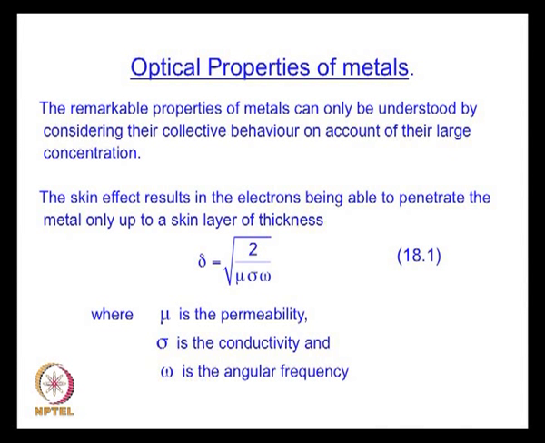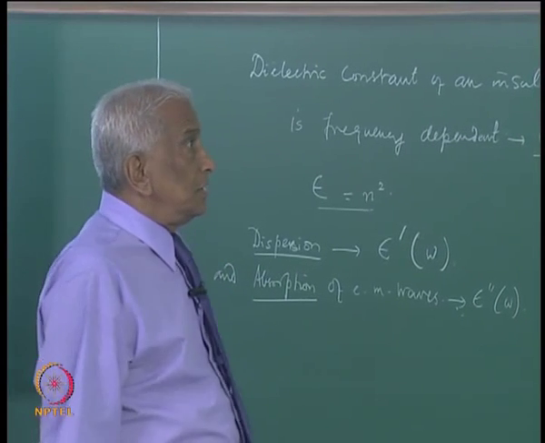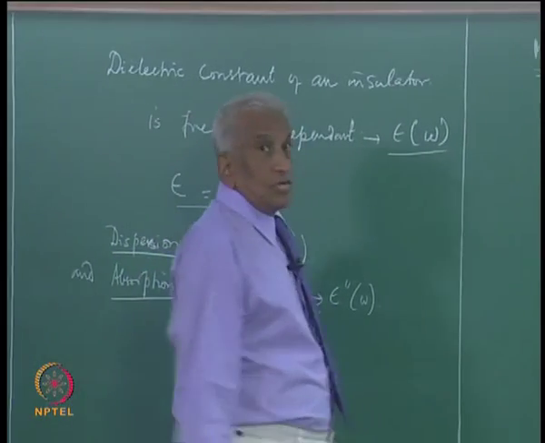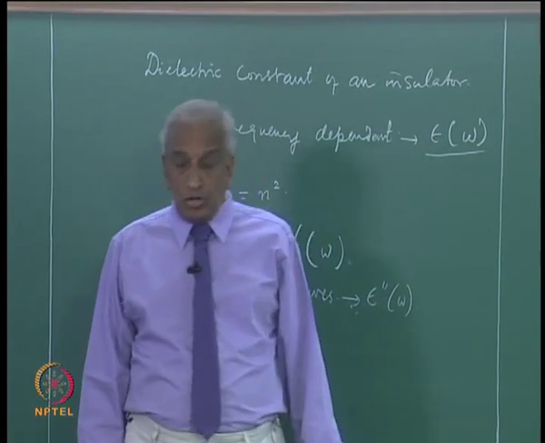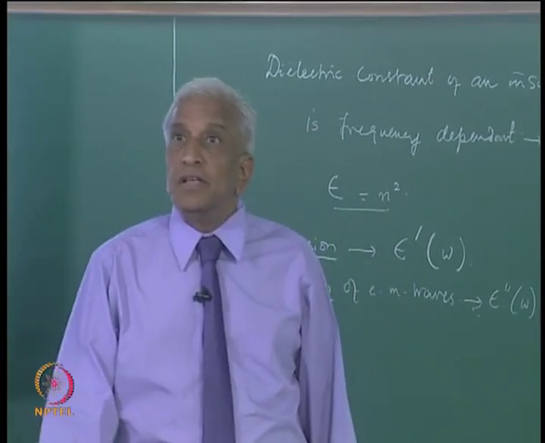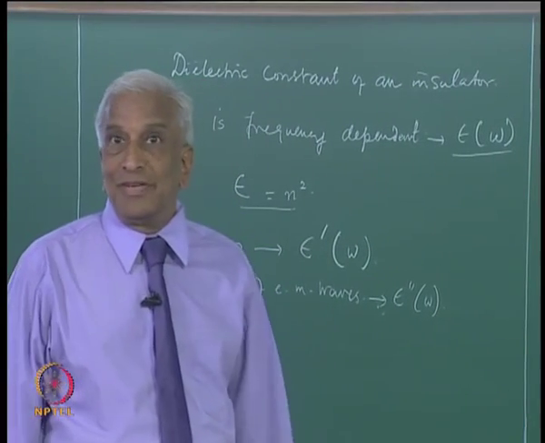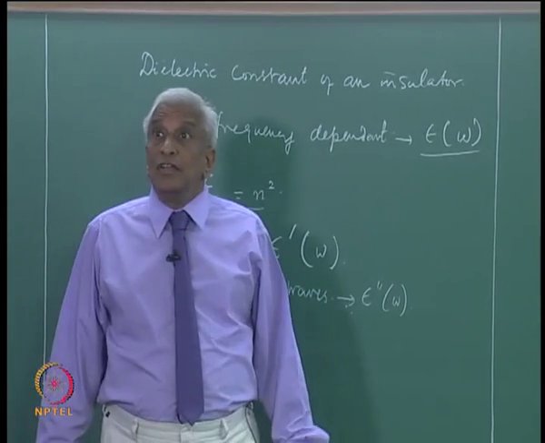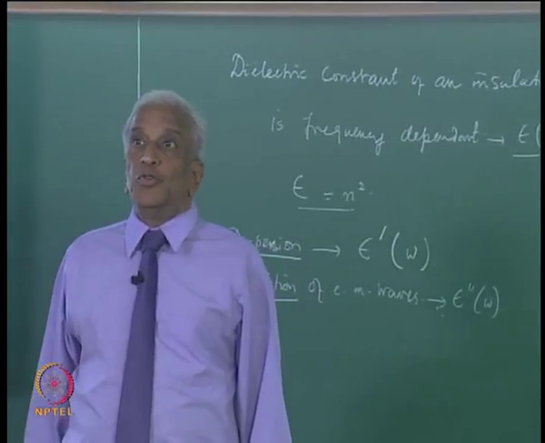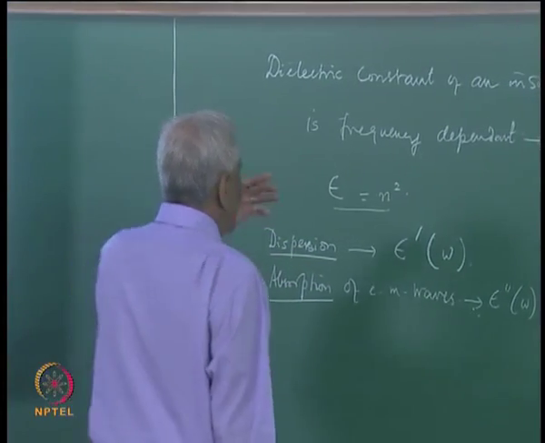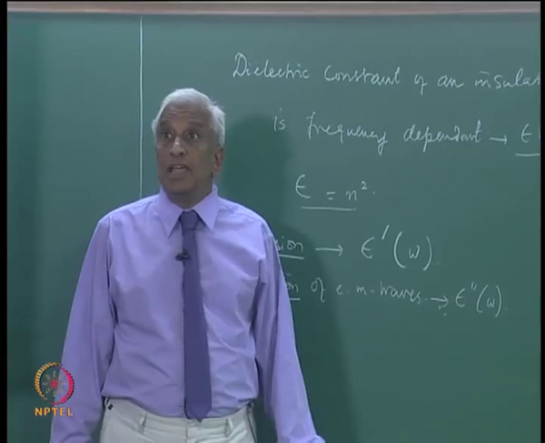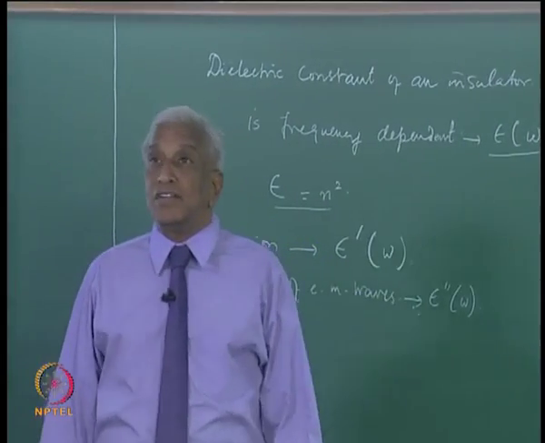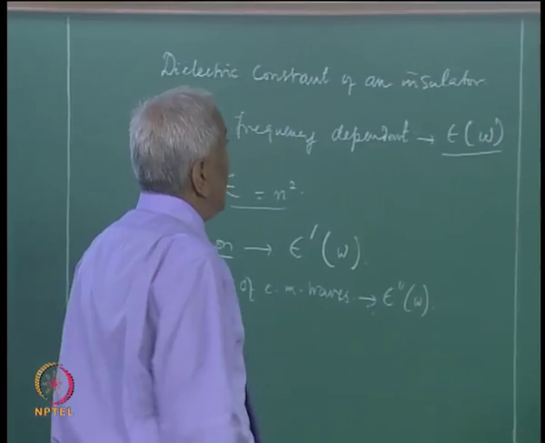So, the question is whether there will be any difference in the optical behavior of metals in response to light, because it is a matter of common experience that metals are highly reflective in contrast to insulating substances. So, we would like to see whether this treatment of dispersion and absorption can lead to a detailed understanding of the optical behavior of metals.